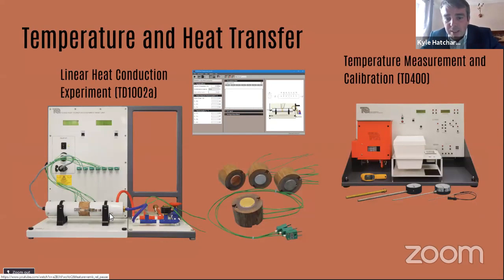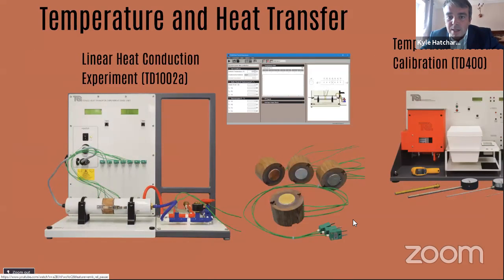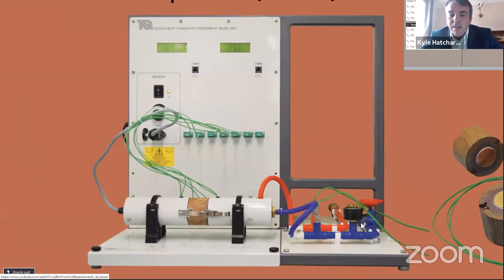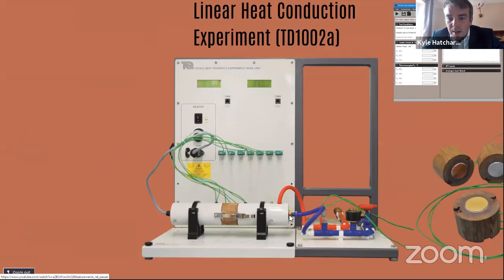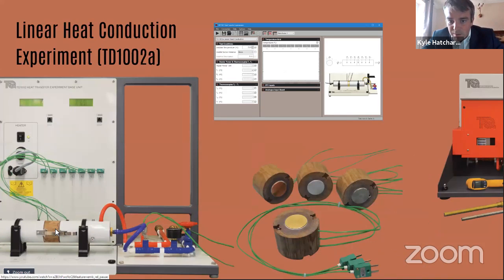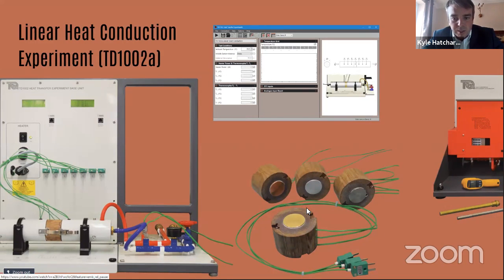So you've got there the TD1002 and an ancillary, the linear heat conduction experiment, the TD1002A, which allows you to insert a specimen into the center, and you've got a variety of different material types that you can utilize. You measure the temperature rise across the 2 points, and you've got 7 actual thermocouples that you can take a reading from, so the student can really understand how the heat is being transferred through that material.